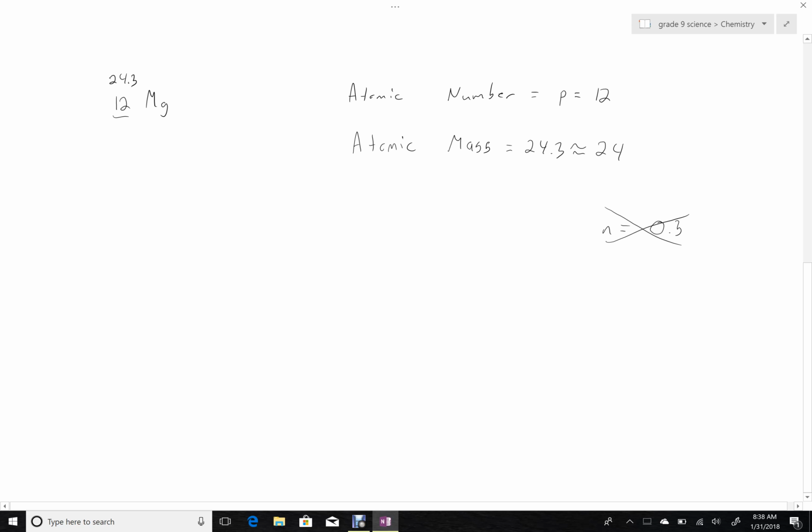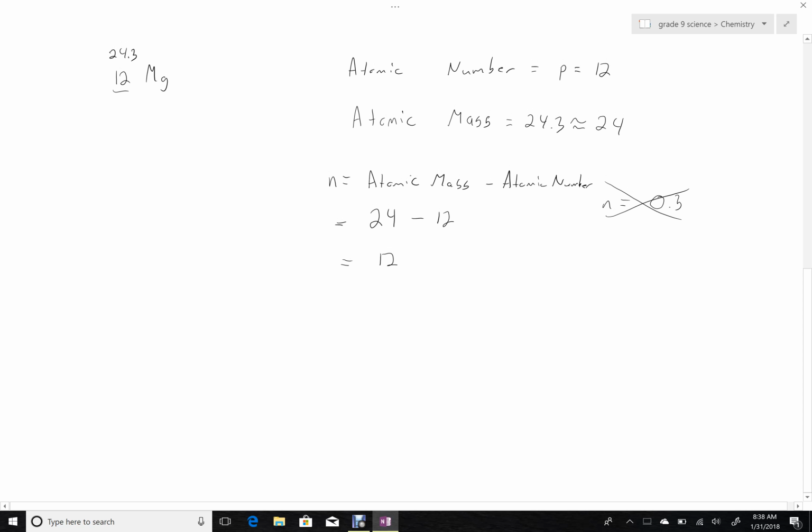Now, my number of neutrons is equal to my atomic mass minus my atomic number. So in this case, 24, the rounded value to avoid decimal places, minus 12, meaning I have 12 neutrons. And once again, in this video, we're keeping it simple.